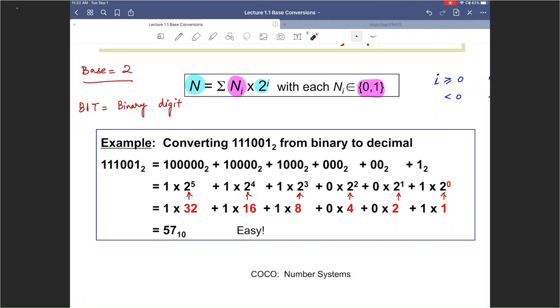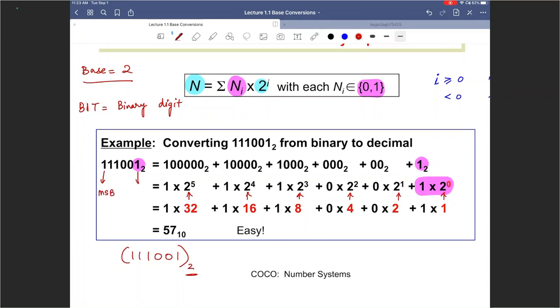The best way to do this is like this. I would say 1, 1, 1, 0, 0, 1, and then 2, so that there is no confusion about what is the number and what is the base, right? The base you express as a subscript. How do you convert this? Well, take each bit and multiply it with increasing powers of 2 starting from 0, and move left until you find your most significant bit, or MSB.